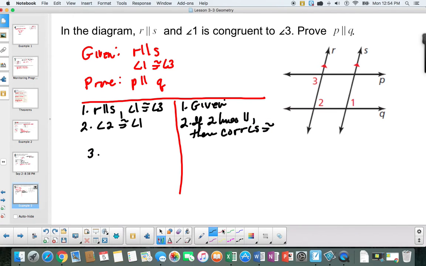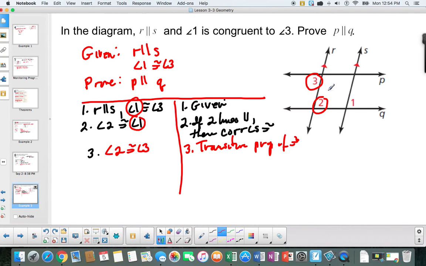Now I see this connection here going on between 1 and 1, so I can say angle 2 is congruent to angle 3, and that's going to be the transitive property of congruence.